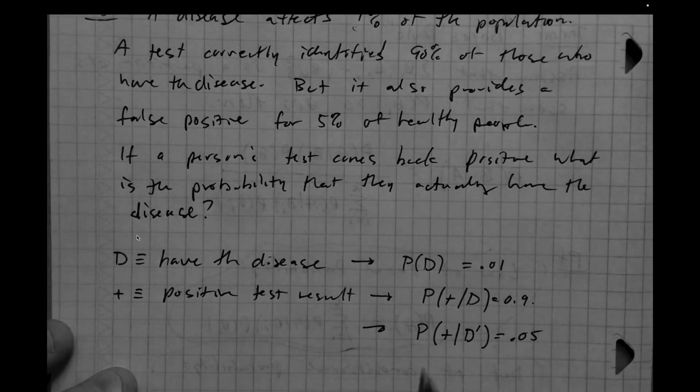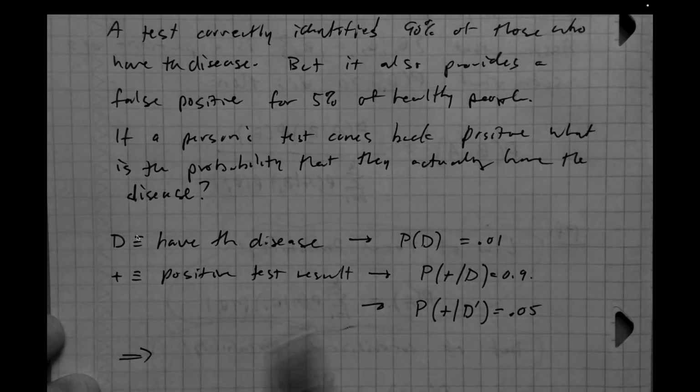You can use 1 minus to identify the probability of a negative result given that you don't have the disease.